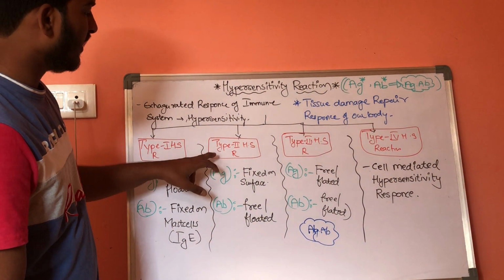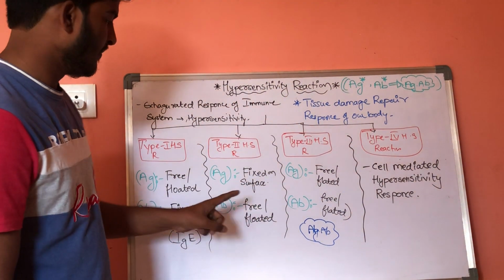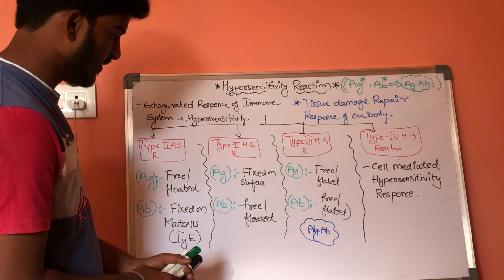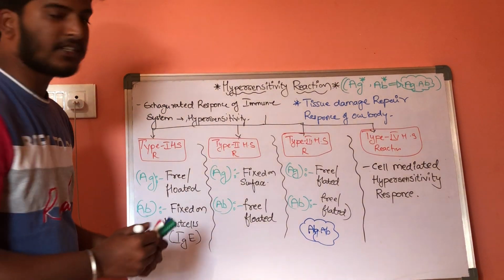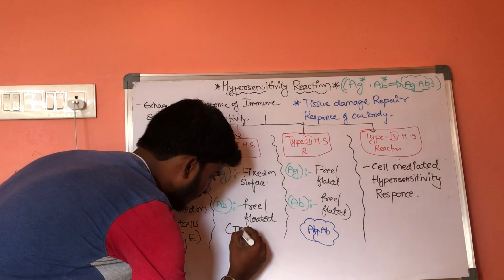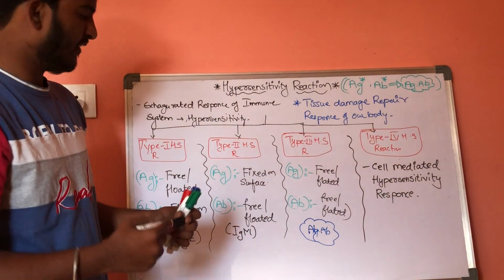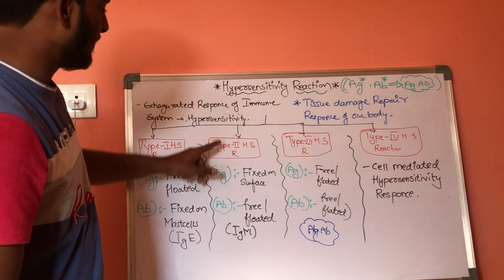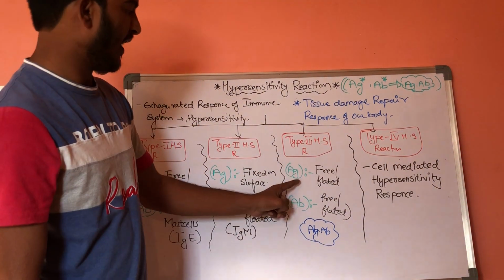In type 2, antigens are fixed on the surface whereas antibodies are floating in plasma. The antibodies present in type 2 hypersensitivity are IgM type.